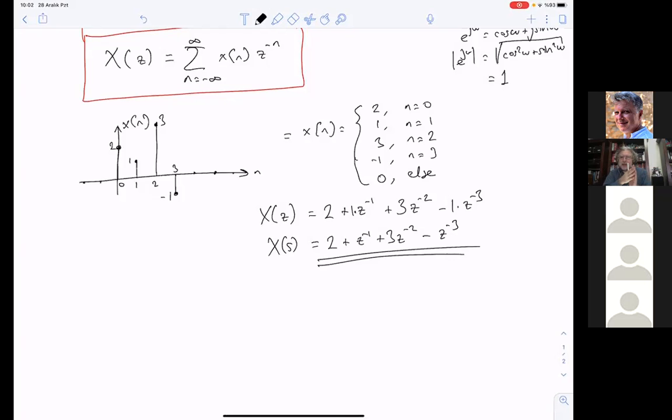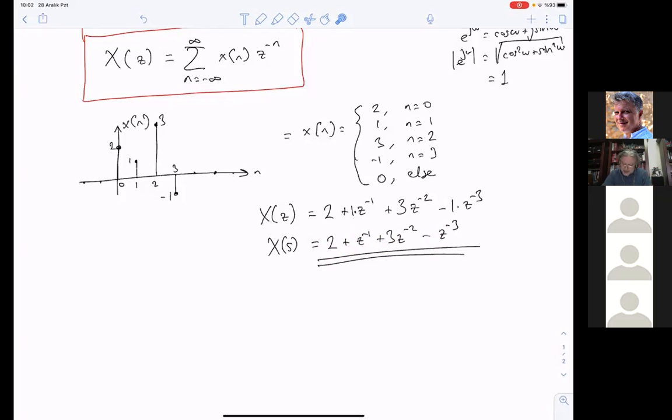What are they? They are 2, 1, 3, and minus 1. The others are plus 0 times z to the minus 4, plus 0 times z to the minus 5, etc.